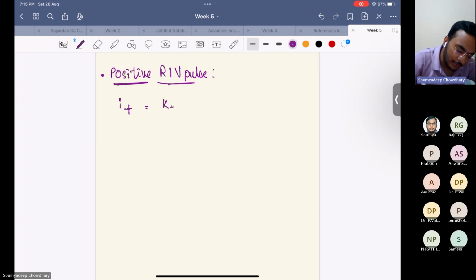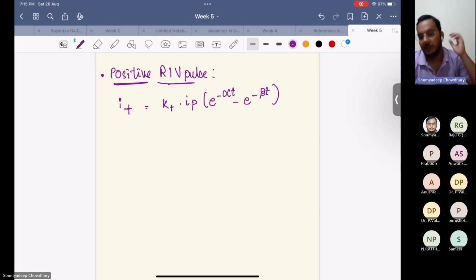It is basically a constant K plus, into IP, e to the power minus alpha t, minus e to the power minus beta t. These are tested from different experiments. We don't know how these equations have come. This is basically the double exponential wave, which is used for impulse functions also.